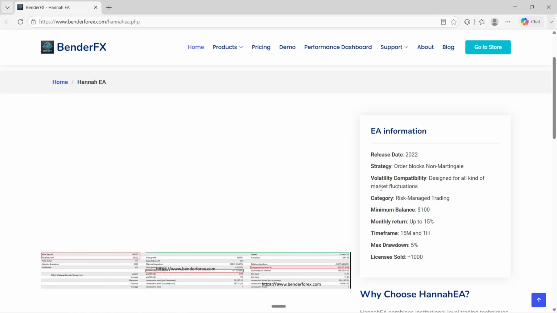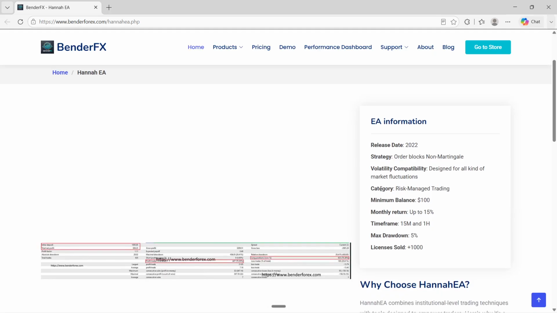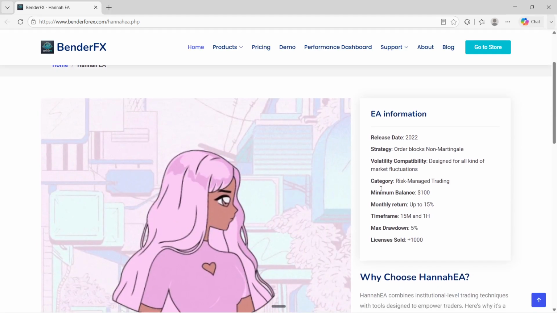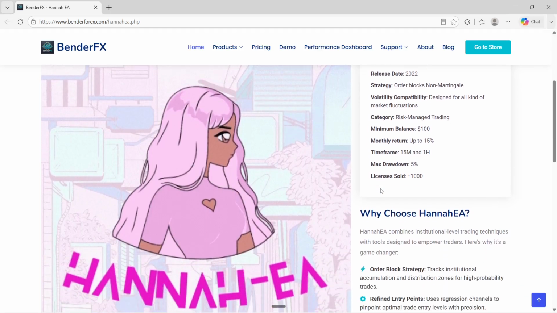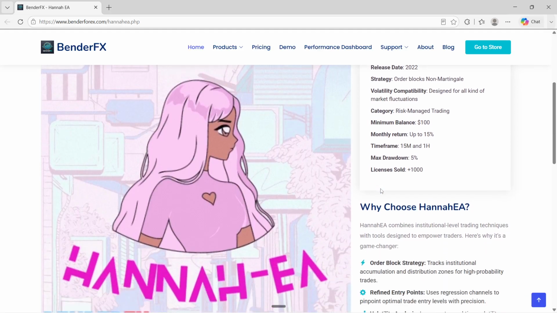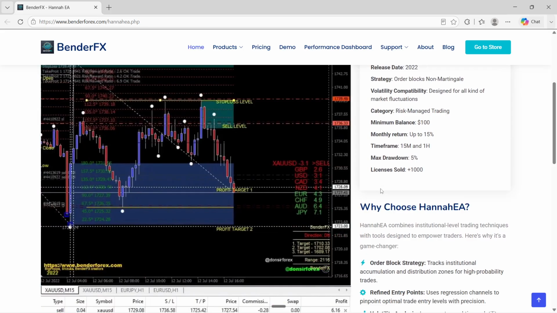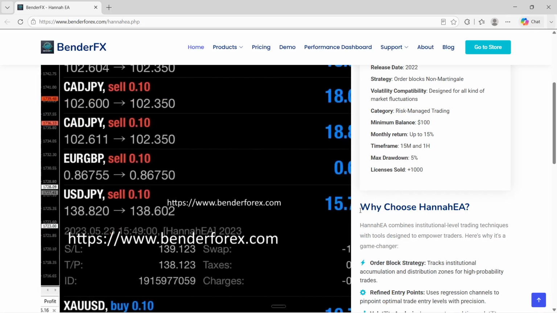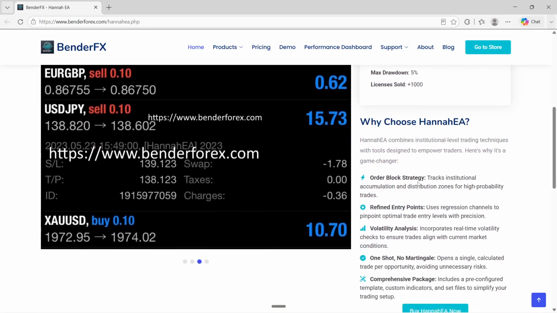It does not include a built-in news filter, so the developer recommends pausing the EA around high-impact events. The overall approach is positioned as risk managed and suitable for traders who prefer quality setups over high trade frequency.